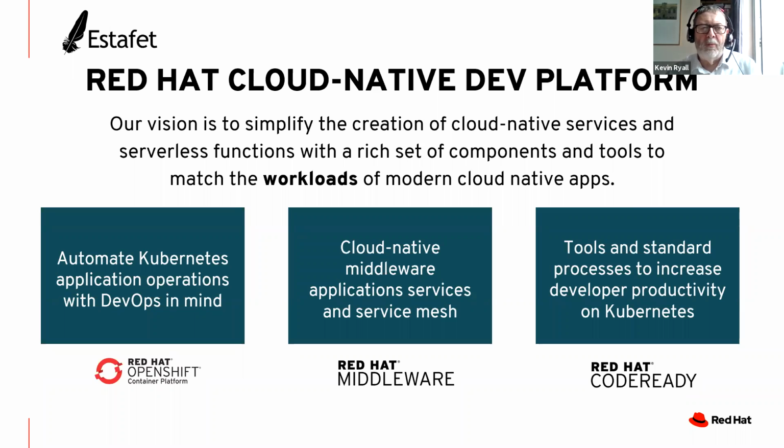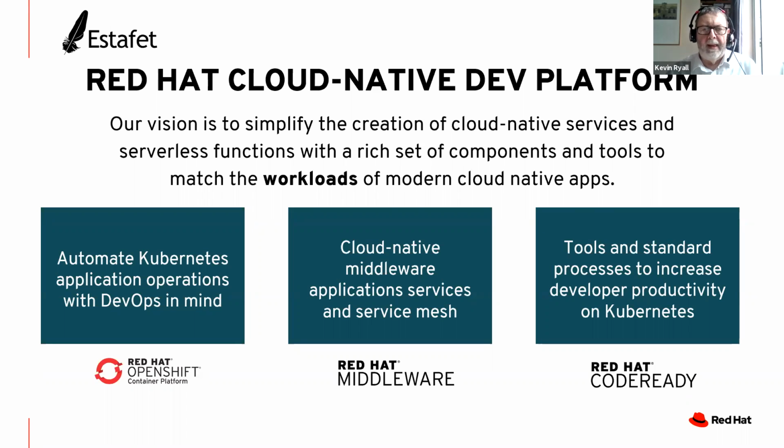So the development platform provided by Red Hat is these three things here that we're talking about: the OpenShift container platform, or OCP as it's sometimes called, which is essentially Kubernetes at a higher level, Kubernetes plus with a DevOps flavor to it.